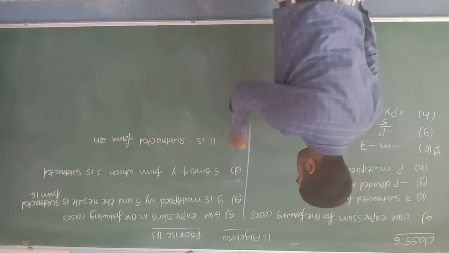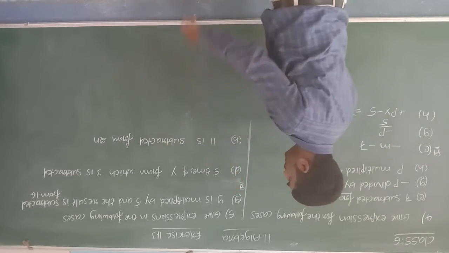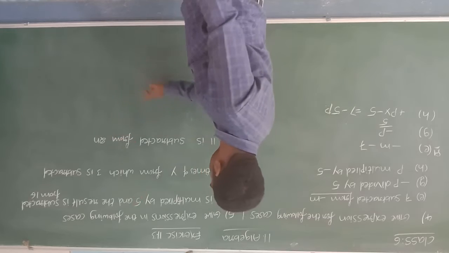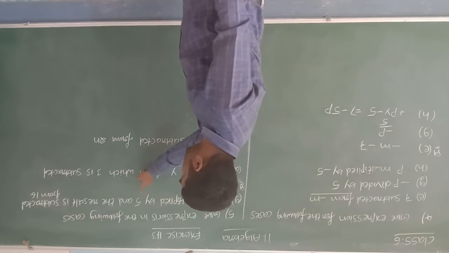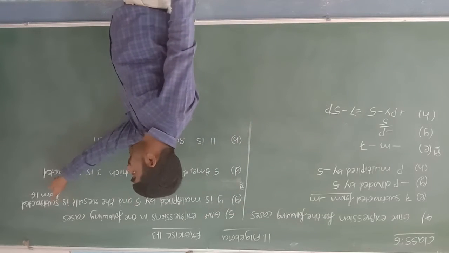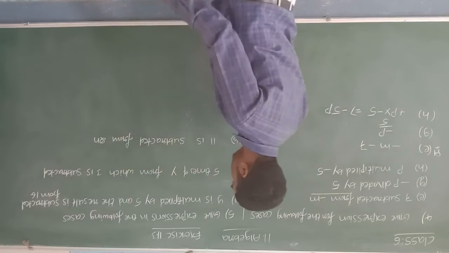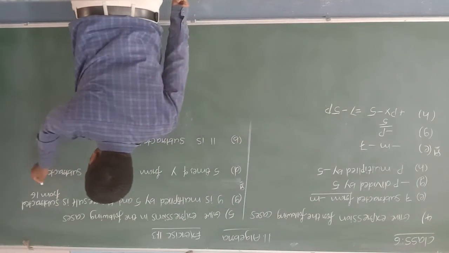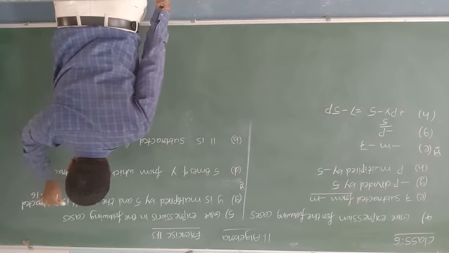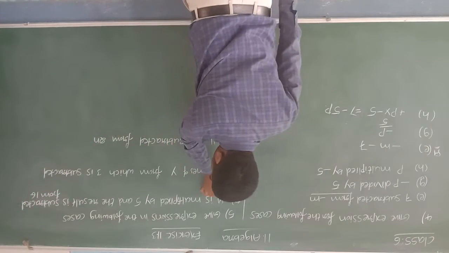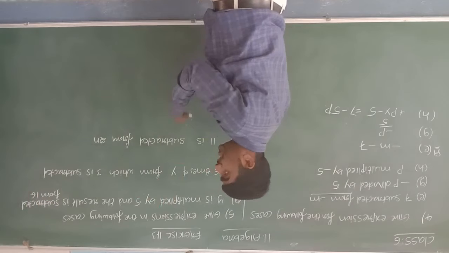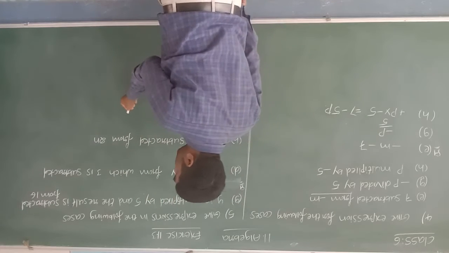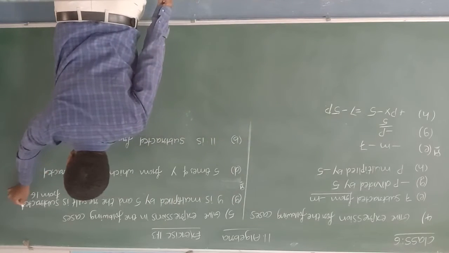Let's see some more. Now the fifth bit. Give expression in the following cases. Y is multiplied by 5 and the result is subtracted from 16. So first we need to multiply: y is multiplied by 5, y into 5, and that result is subtracted from 16.